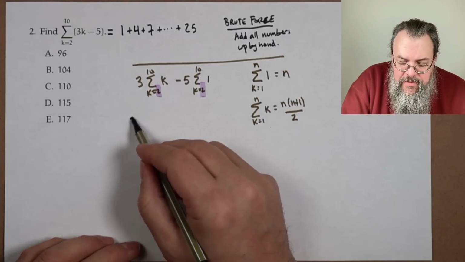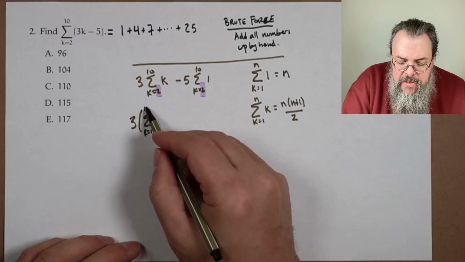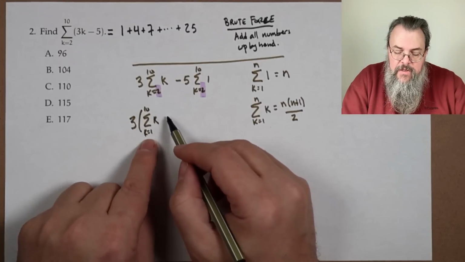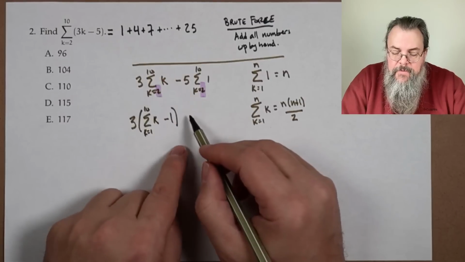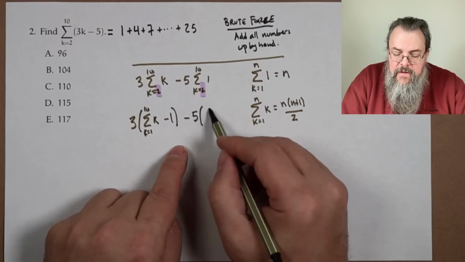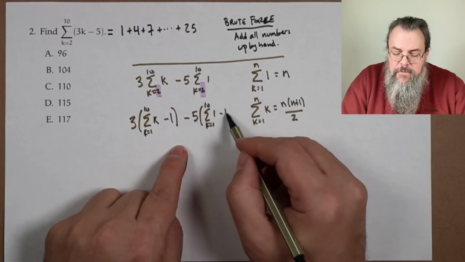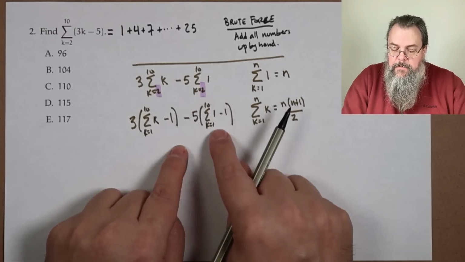So here's how we can think of it. Well, it's really like the sum from 1 to 10 of k, but we added this extra term at 1, so we're 1 off. Because when k equals 1, you get 1. And in a similar way, you get 5 times the sum k equals 1 to 10 of 1, but again, we're just 1 off. We need to correct because we started at 2, not 1.